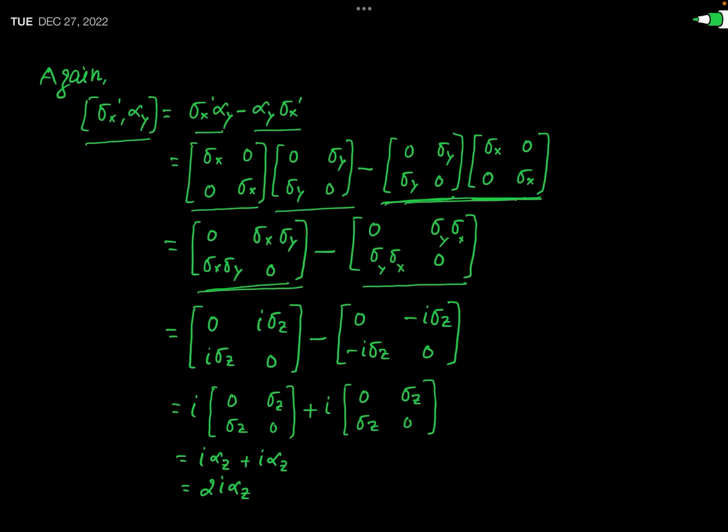When we studied the Pauli spin matrices, we discussed in great detail their different properties, and you have seen there that the product sigma x sigma y is equal to i sigma z.